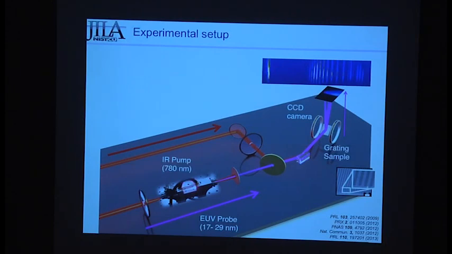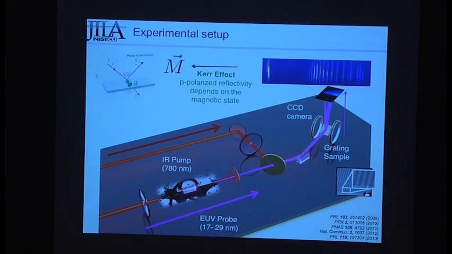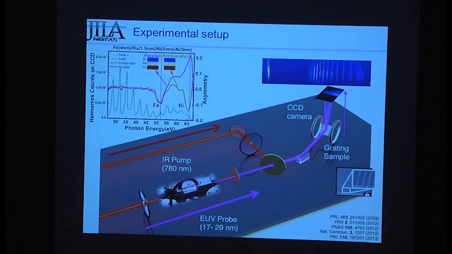So what we do is we have our magnetic material, we use an ultrafast laser to heat the electron bath and then probe using the whole high harmonic comb, and then either on the sample or after the sample we put a grating and read out the reflectivity, and the reflectivity, through the magneto-optic effect, depends on the magnetic state of the material. And this is on a linear scale.